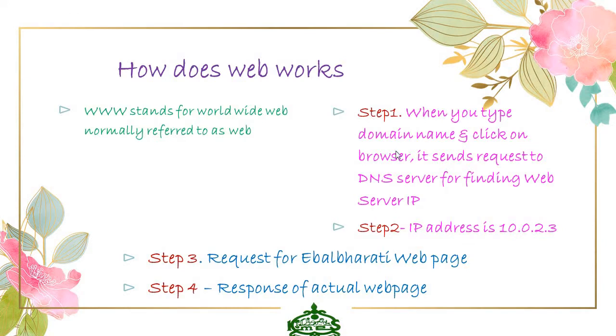Now see, when you type a domain name and click on the browser, it sends a request to the DNS server for finding the web server IP. What is the IP of that server? Then, in step 2, it will give the IP address. It will not show you the domain name, only the IP address.